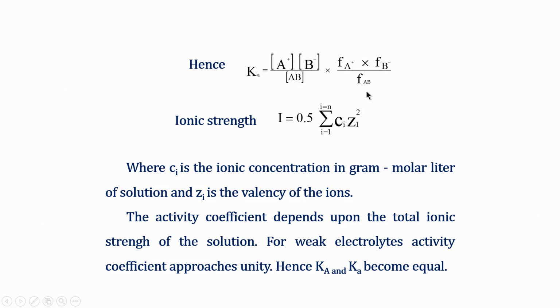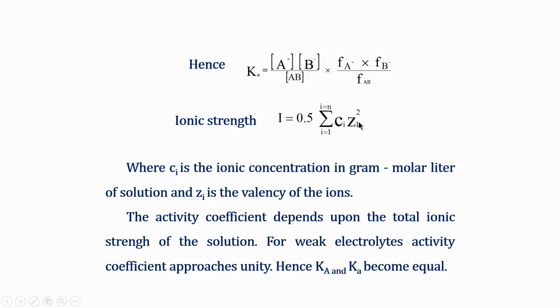So, we also define another term, that is I, that is ionic strength. This is very important. It is approximately 0.5 times the sum over all the ions present in the solution of their concentration and charge squared.